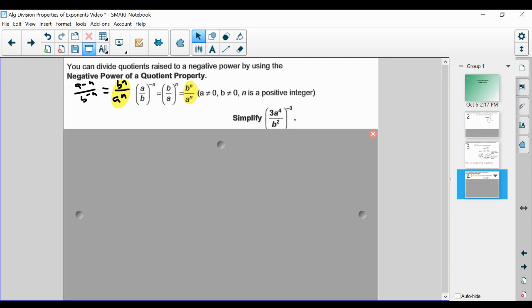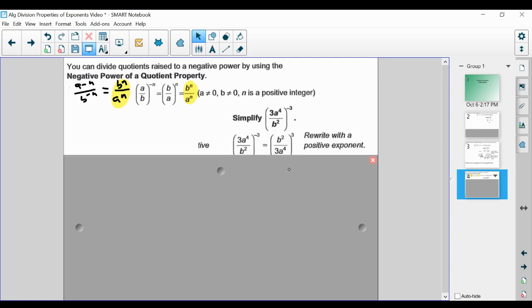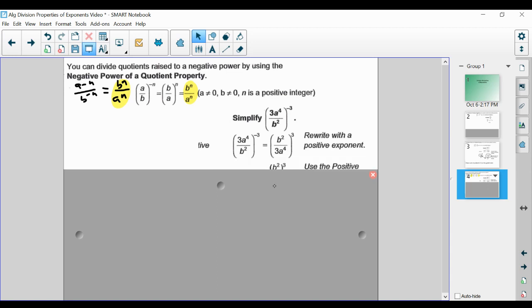We can rewrite this using positive exponents. We're going to flip that fraction. So 3a to the fourth is now in the denominator and b squared is in the numerator. We have the exponent of positive 3 now because we use this property of exponents. From here, we're going to send the exponent of 3 into all of the terms.